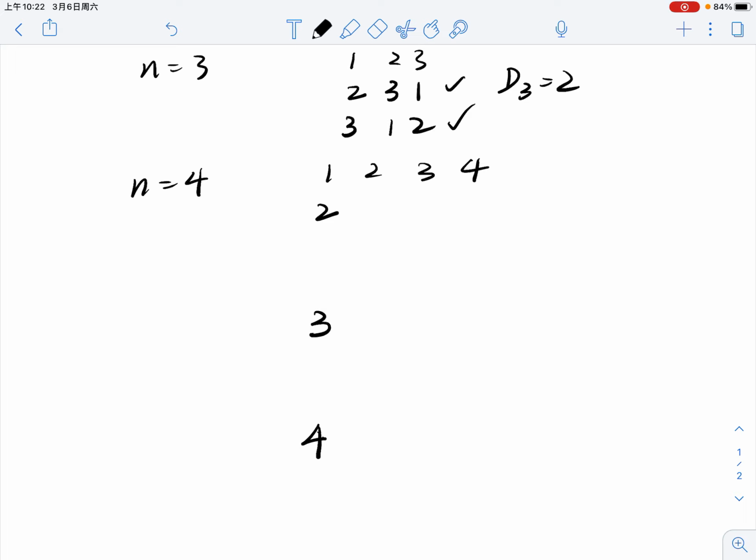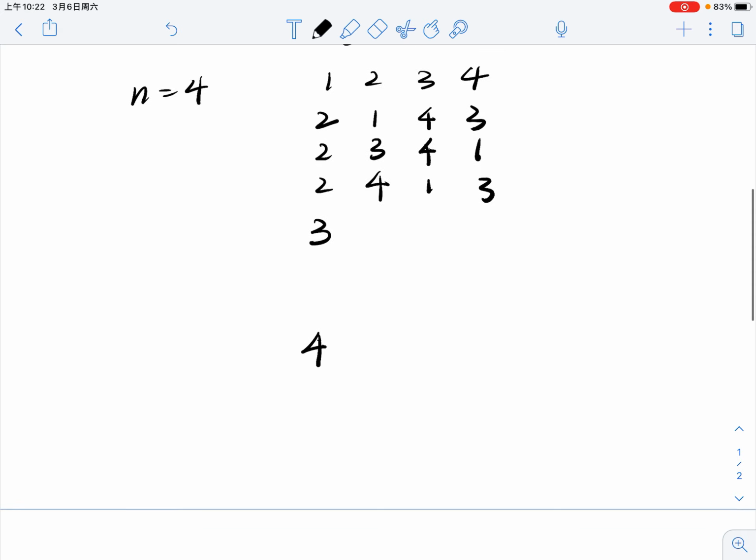If you start with 2, then for the second position you have 1, 3, 4, 3 choices. And then for the third one, you can only fill in like this: 4, 3 for the first derangement, 4, 1 for the second, and 1, 3 for the last.